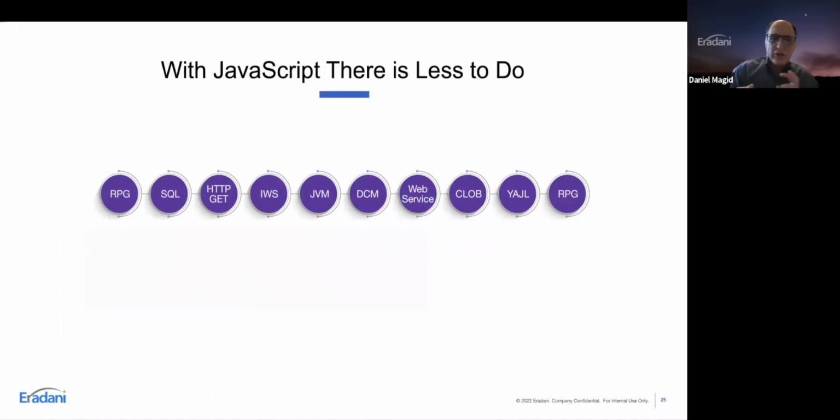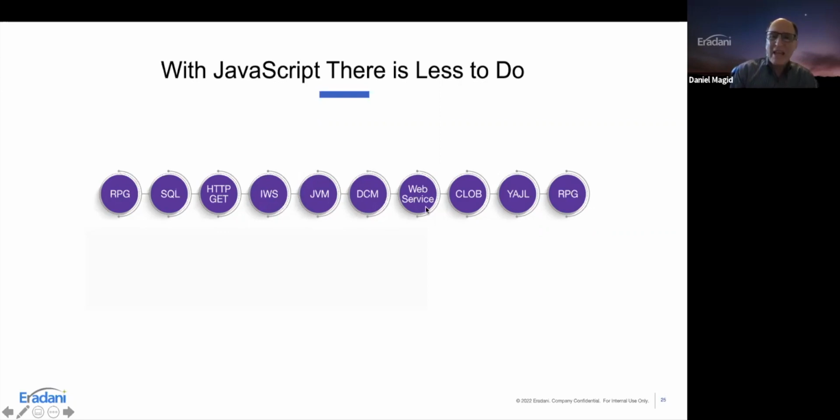If you look at the way you do it when you're calling web services from RPG, there's a whole lot of stuff to do. You're calling from the database, doing an HTTP GET, spinning up the IWS server, and you may need to bring up the Java virtual machine for that. You've got to manage your certificates using the digital certificate manager.